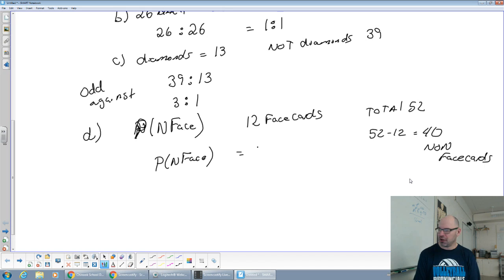So that's 40 over 52. If we divide that by 8, I think, it should reduce down. Let's see here. No, just 4. 10 over 13. If you want that as a decimal, that's 0.77.